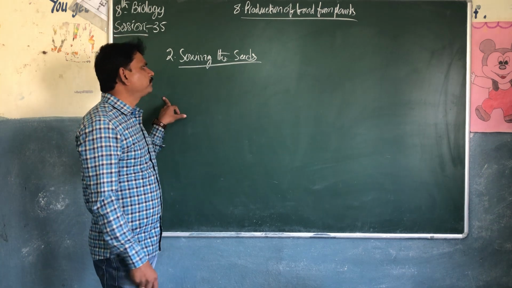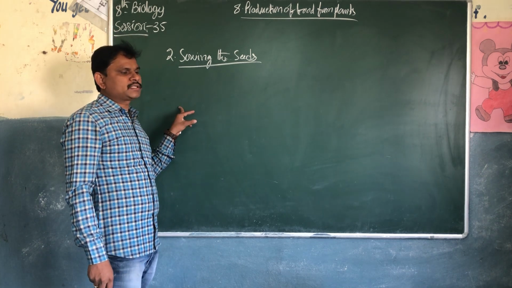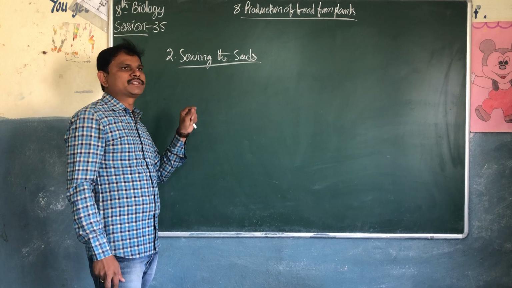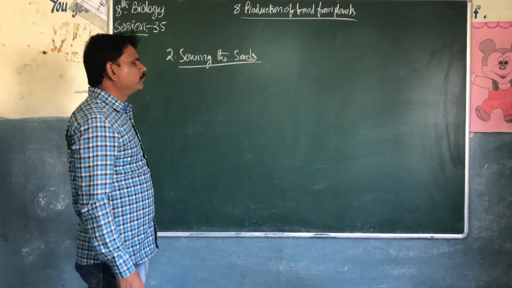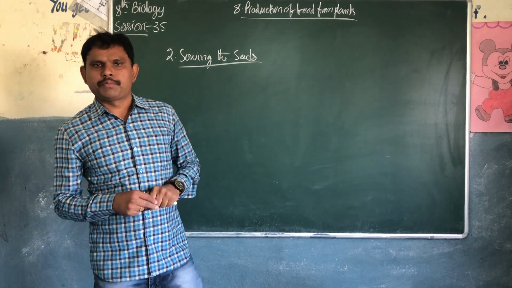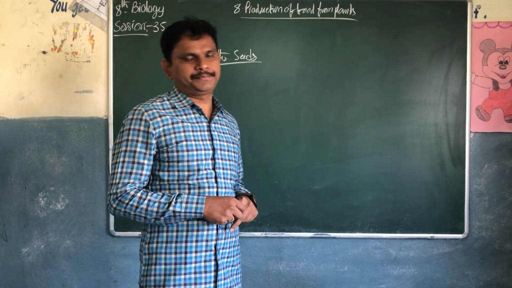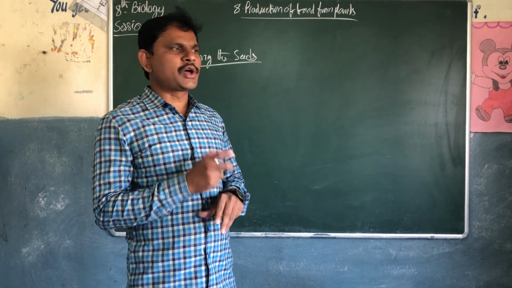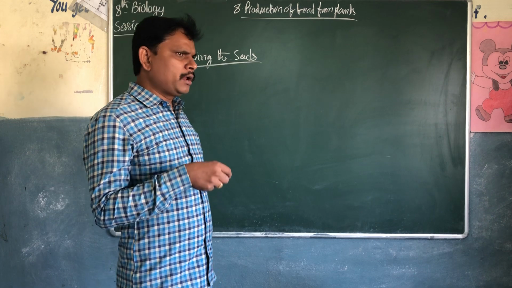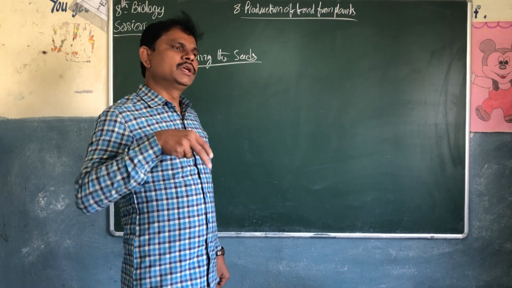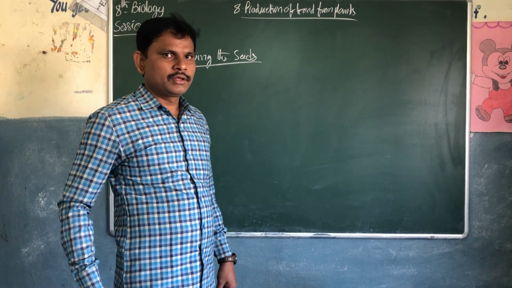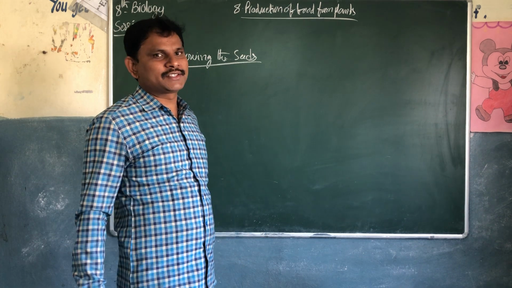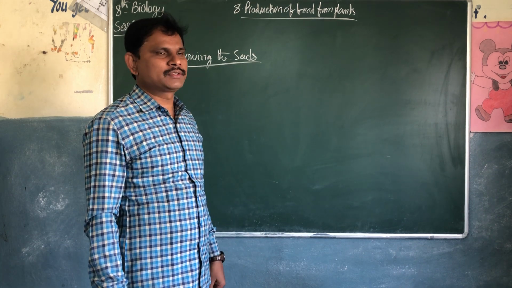Do you know how to select good seeds? Sowing is a very important task in agriculture. Once the soil is prepared, the farmer has to sow the seed into the soil. If there are no seeds in the soil, how will we get crops?